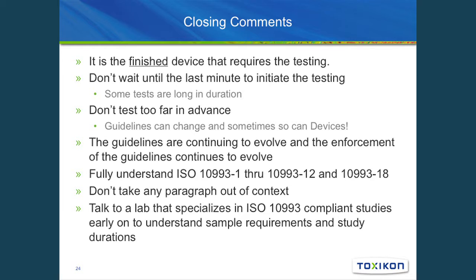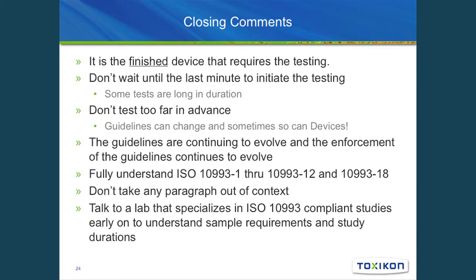Also, the guidelines are always evolving and changing. As I said, the FDA just released their guidance to the industry on how to interpret the ISO 10993. That happened just over 2 months ago. So understanding what the regulatory bodies are thinking in terms of how they want you to do that testing is also very critical.